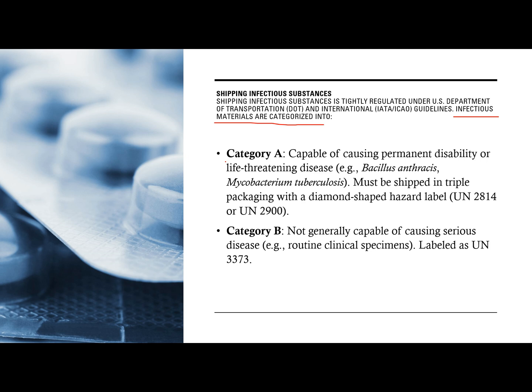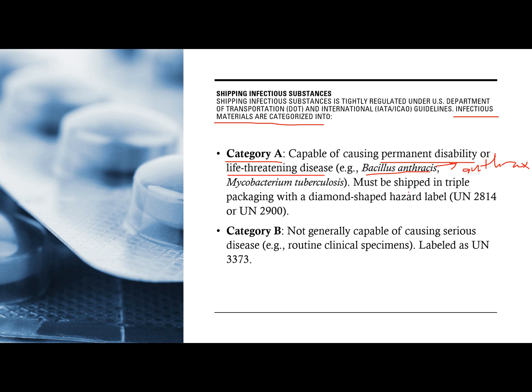Now, if you're transporting category A samples, ano ba itong mga category A samples na to? Itong mga category A samples, class, are known to cause permanent disability or are life-threatening, such as your Bacillus anthracis. Kasi si anthracis, you can cause anthrax. Pag na-inhale mo yan, if you inhale the anthrax powder, class, you could easily die. And then you have your Mycobacterium tuberculosis, which is known to cause TB.